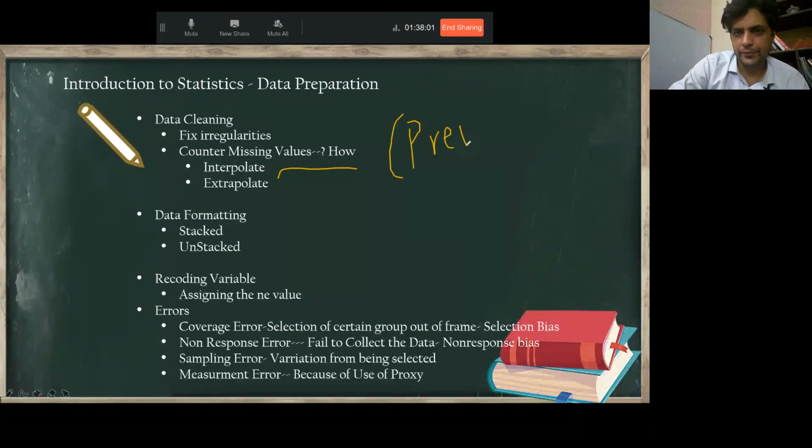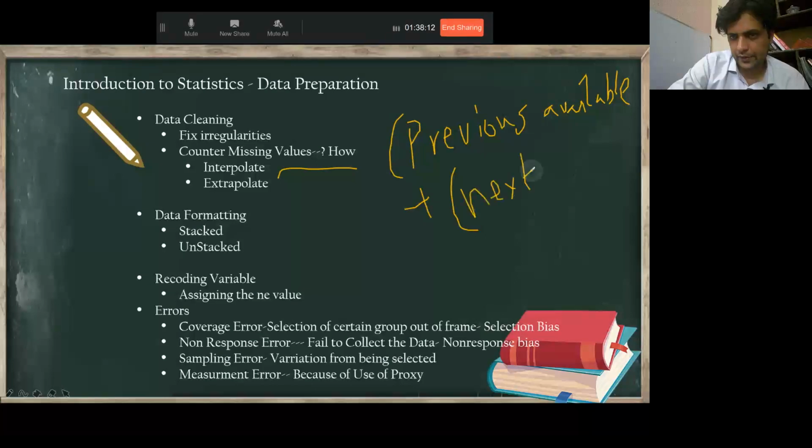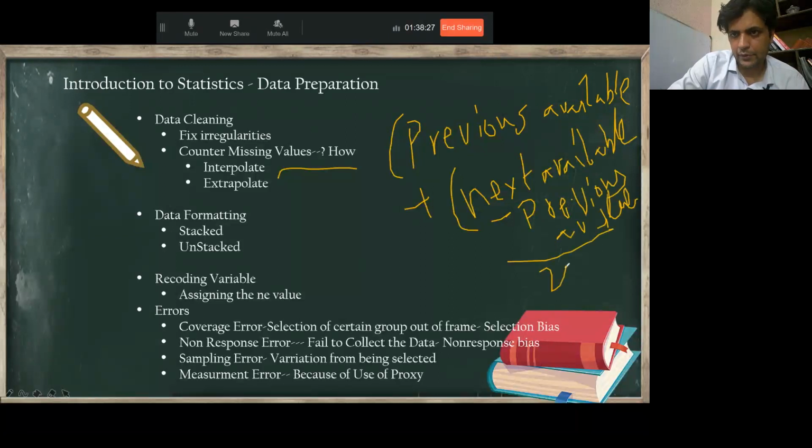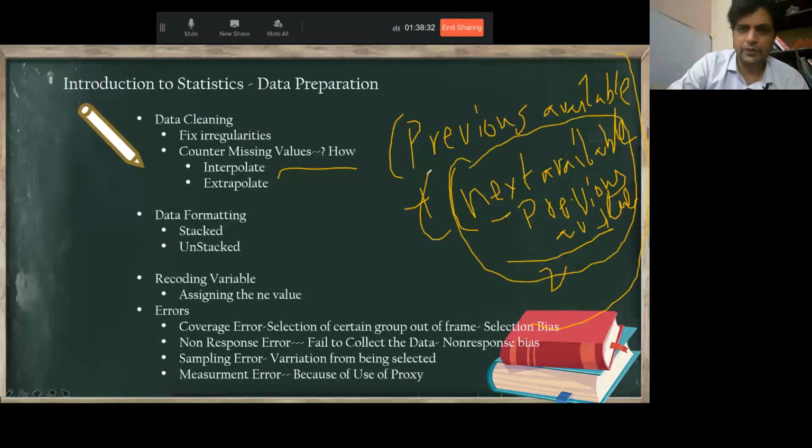Previous available data plus next available data minus previous available data, divided by 2. So you calculate this thing, then you add it to previous. That's how you get the interpolation.